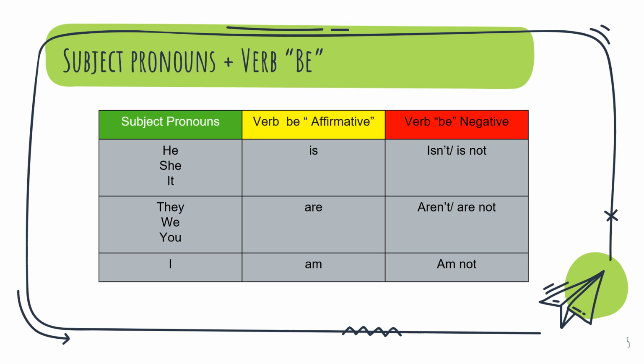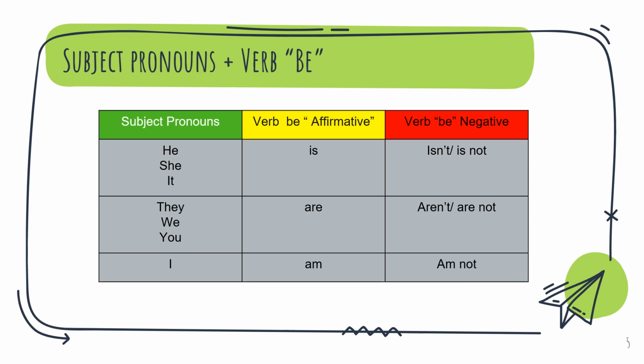What happens if the verb to be is in the negative form? For singular subject pronouns, you need to use isn't or is not.